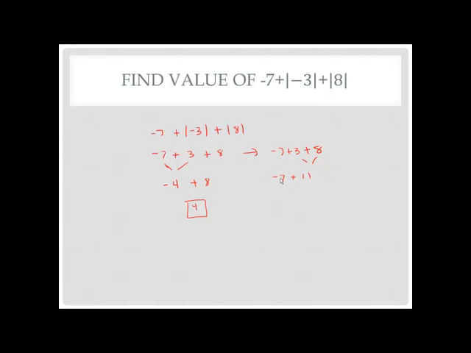So I have negative 7 plus 11. The difference between 11 and 7 is 4, and 11 was the bigger number and it was positive, so I still get the same answer, 4. So you can work that either way and still come up with the same answer, and that's just when you're adding positive and negative numbers like that.